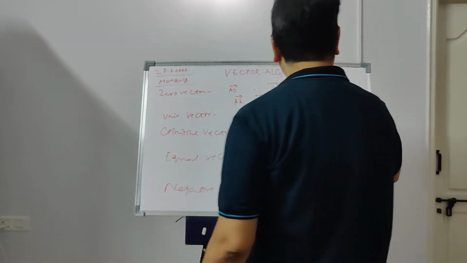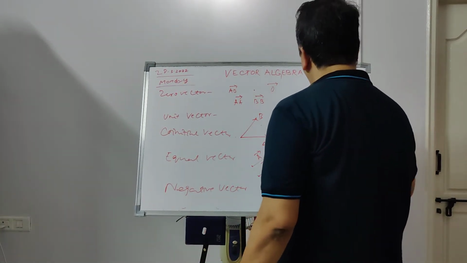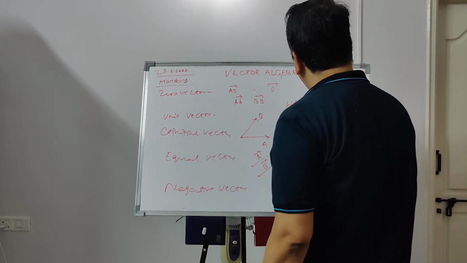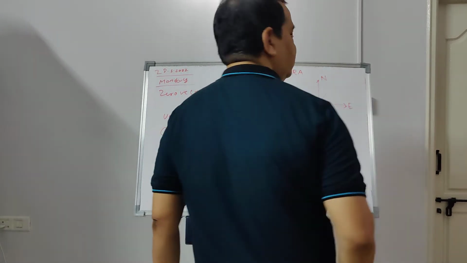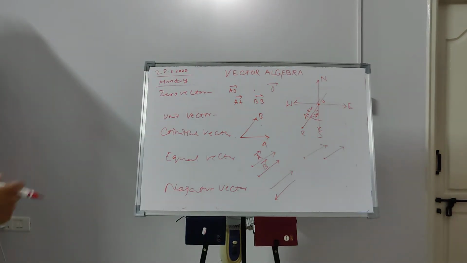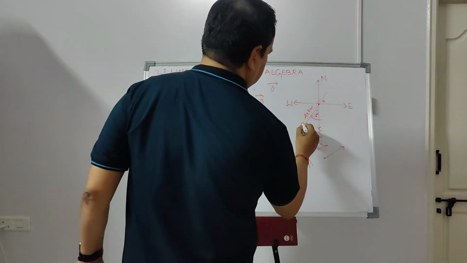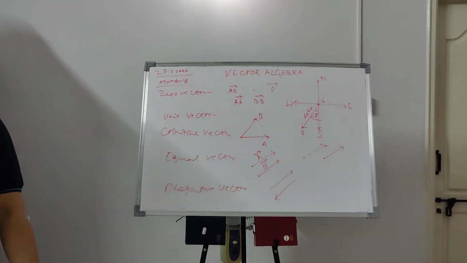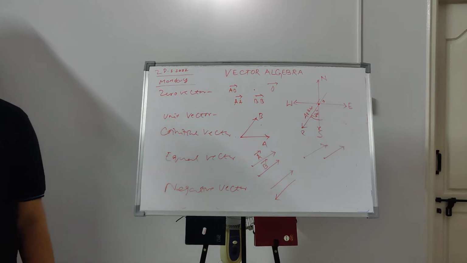If this point is O, and let us say this point is P, and this distance is 40 kilometer, then this is a vector which is 30 degree west of south, and its magnitude is 40 kilometer. So in this case it is a displacement, not a distance.